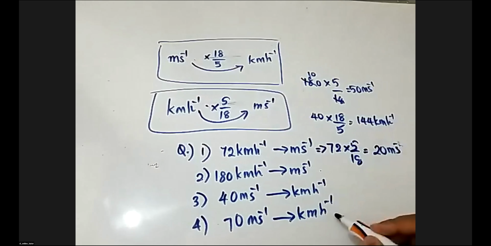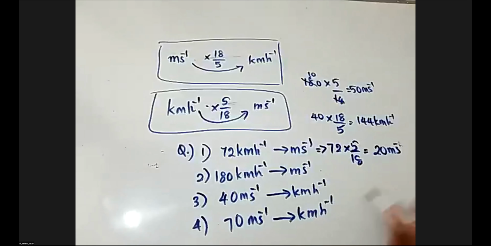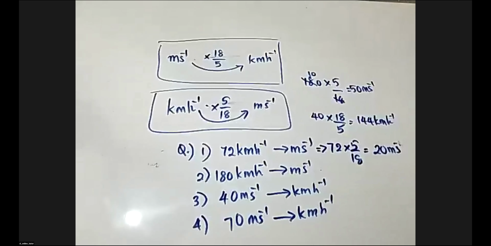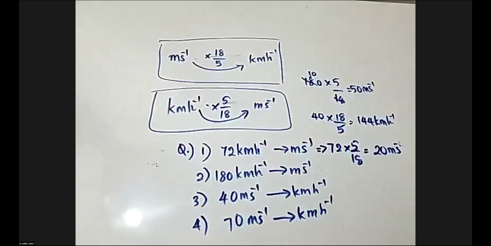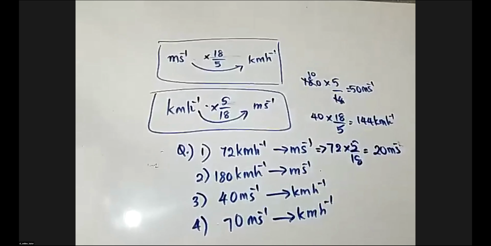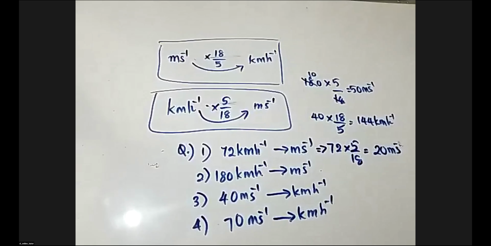And the last one, 70 meters per second should be converted to kilometers per hour. Right. Let's take this answer from one of you. Shaskrit, can you tell me what is the answer for 70 meters per second when you convert to kilometers per hour?